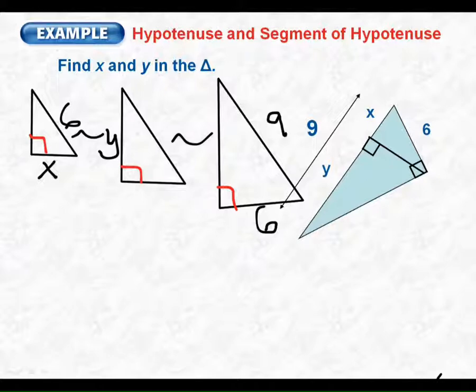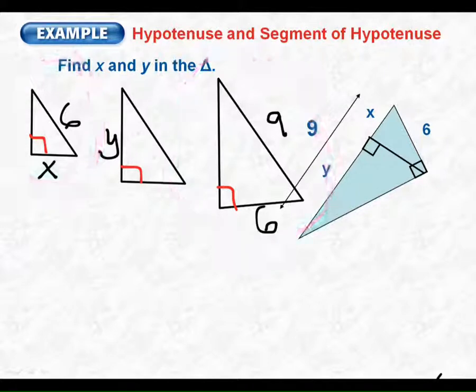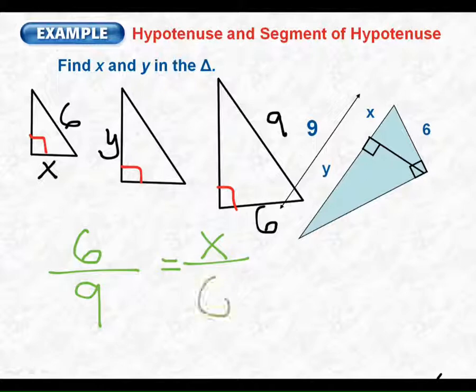And I could easily find x this way. Let's say you didn't like what we did before and you want to do another way. You could easily find x this way. Okay? Because if you compared this triangle to this one, if you use proportions, you could find x. Meaning if I took the hypotenuse of the little to the hypotenuse of the big one, that's equal to the little leg over the little leg. See what I did?